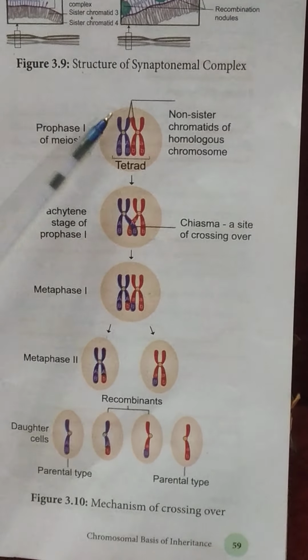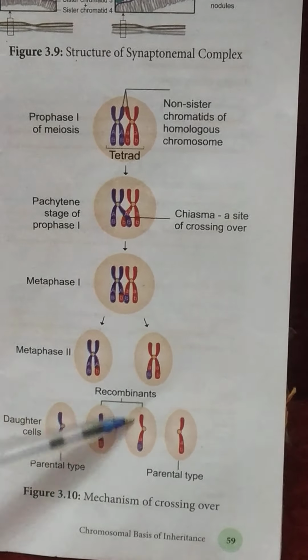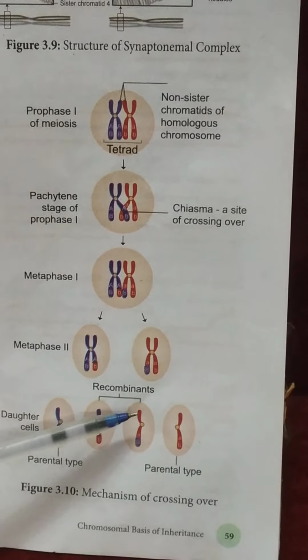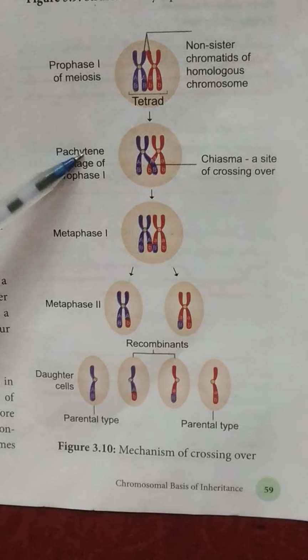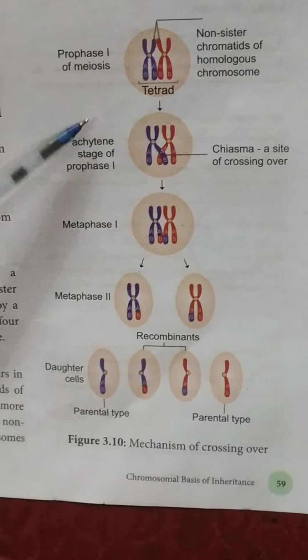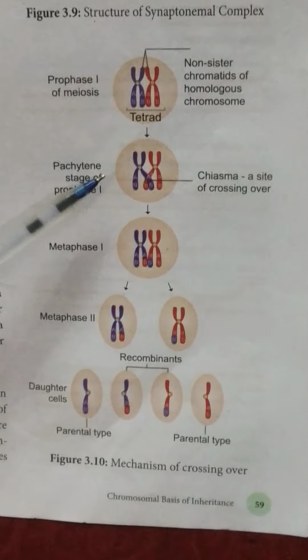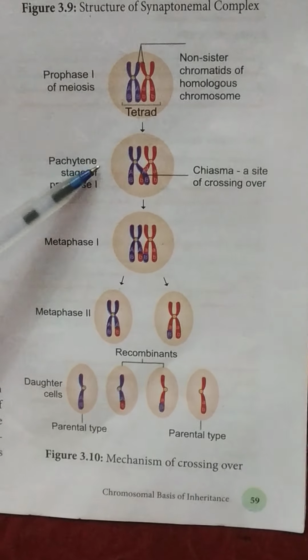Now we are going to study the four stages of crossing over. First is synapsis, next is tetrad formation, crossover, and terminalization. So there are four stages in crossing over. The first stage is called synapsis.